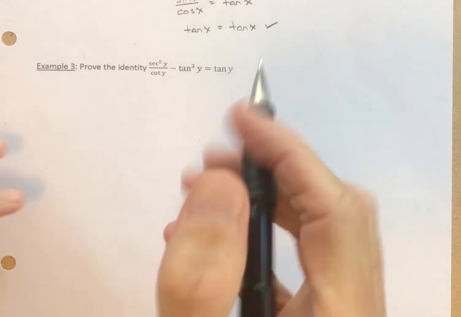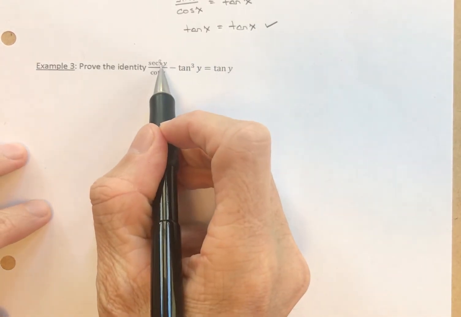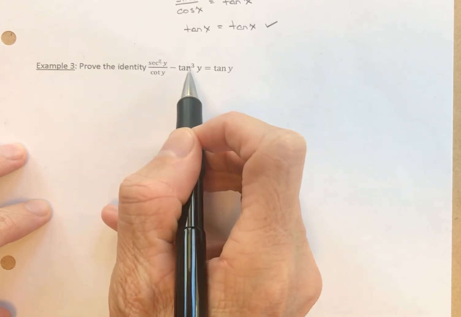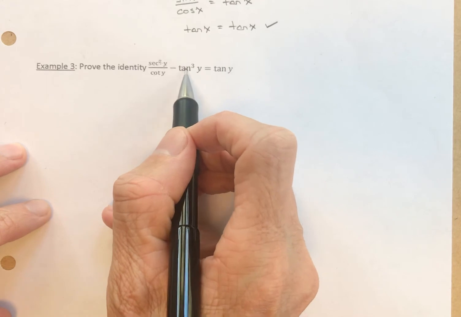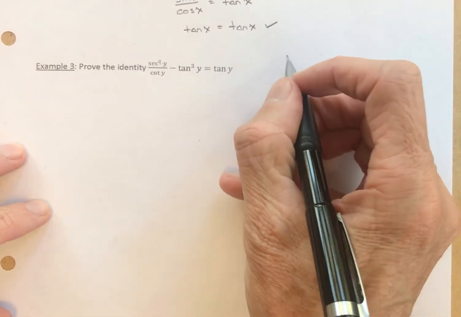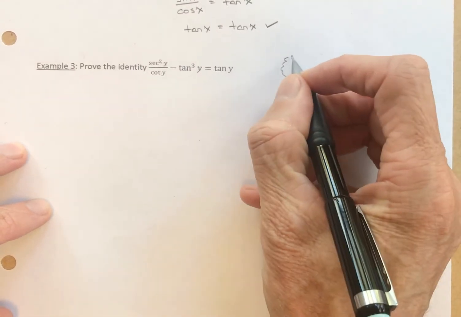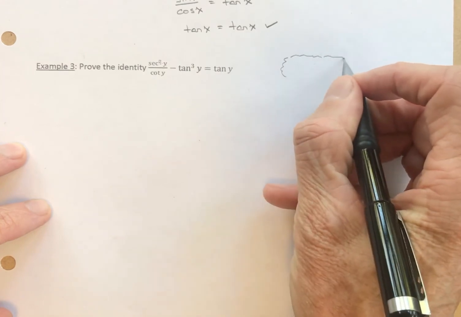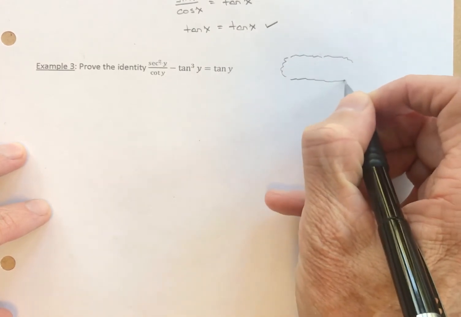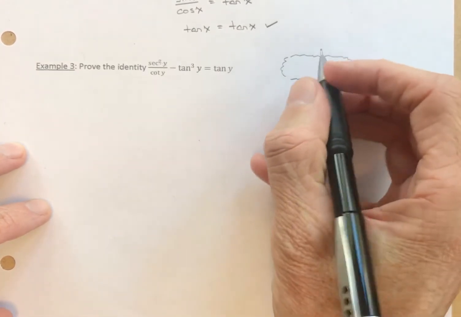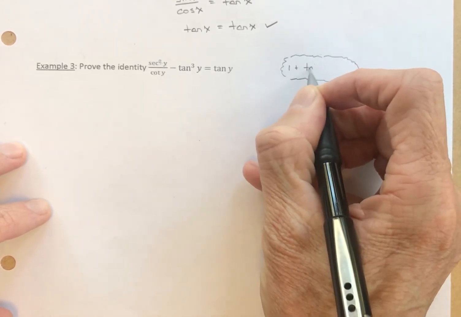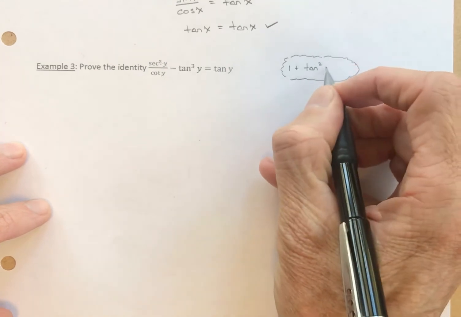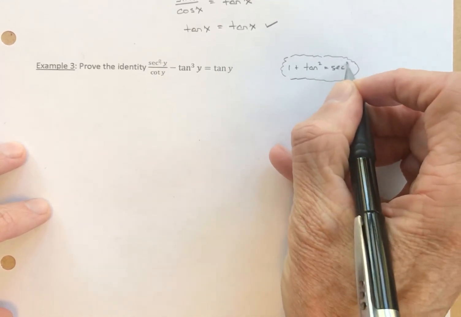Now what I do see in here, though, is a secant squared, and I know there's a tangent squared in this because tangent cubed is tangent squared times tangent. So in the back of my head, and I'll draw kind of a bubble, a terrible bubble, I'm recalling the Pythagorean identity: 1 plus tangent squared is equal to secant squared.